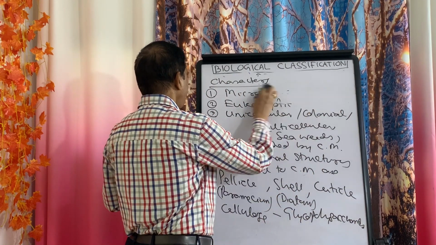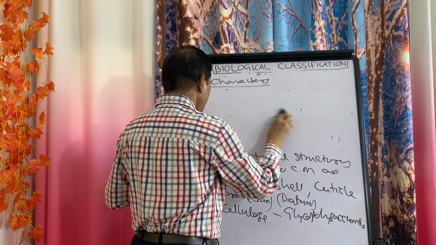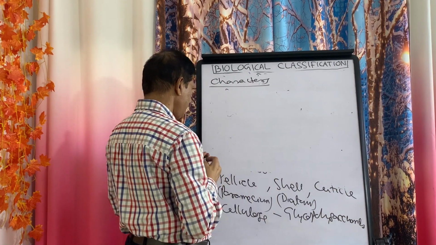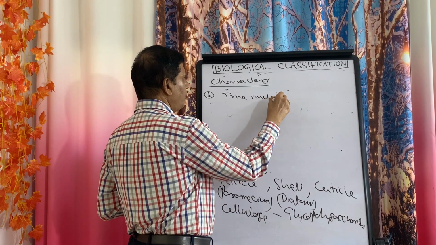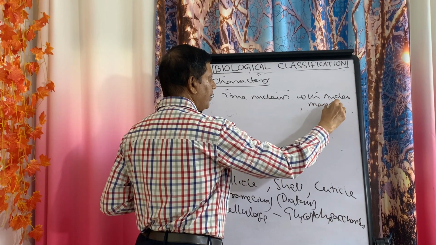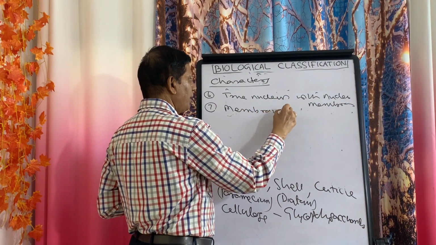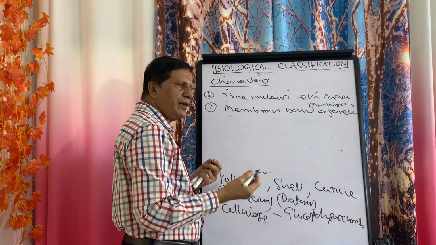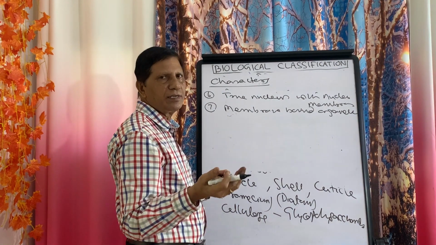Then the next points. Since it is eukaryotic in nature, you will find there is a true nucleus with a nuclear membrane, then membrane bound organelles, so there may be chloroplast, plastids, all these things present, depending upon the organism.